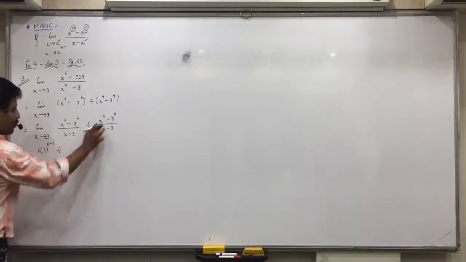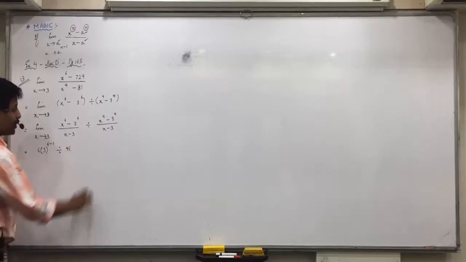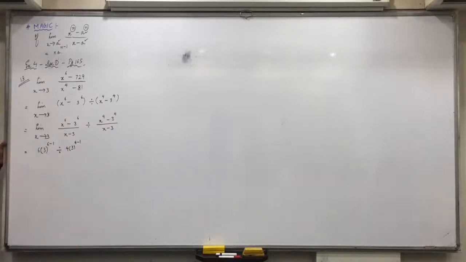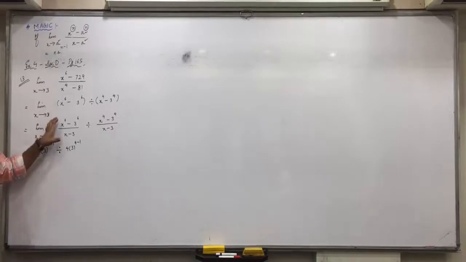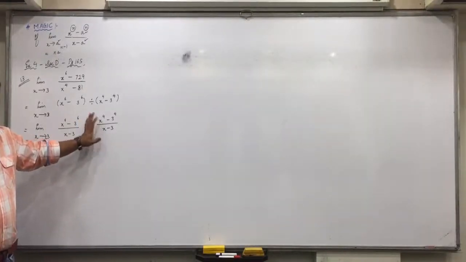Divided by. What is n? 4. What is a? 3. Again, what is n? 4 minus 1. n a raised to n minus 1 is applied here also, and n a raised to n minus 1 is applied here also. Do you understand this?